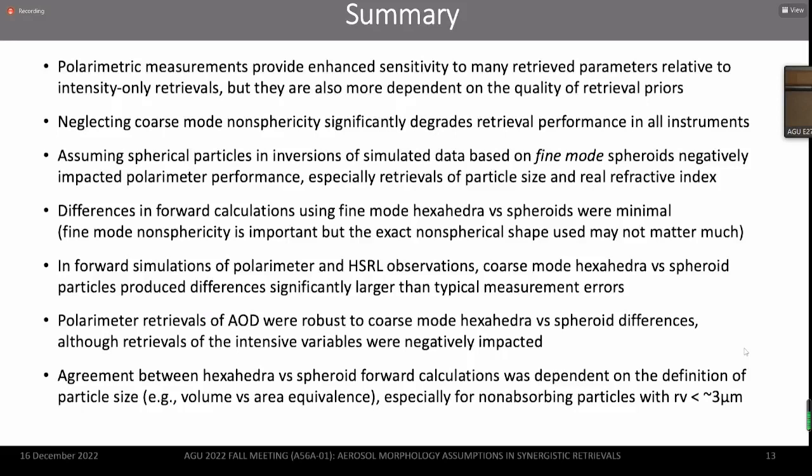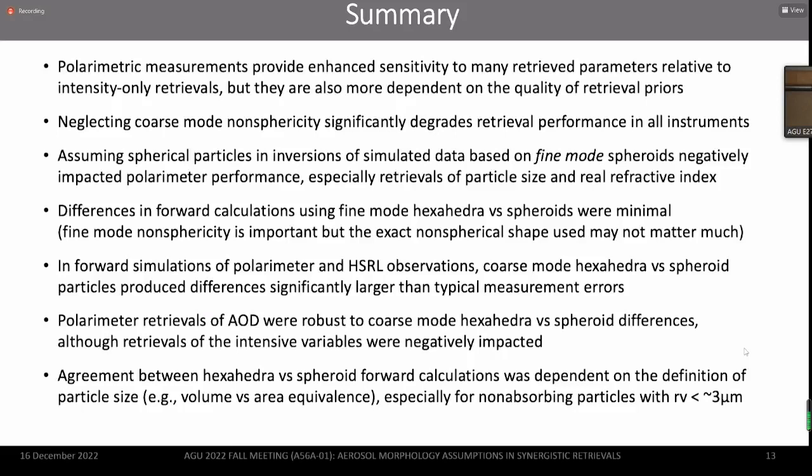We really don't know whether the hexahedra, the spheroid, or some other shape is going to be what ultimately does the best job of reproducing polarimeter and polarimeter-LiDAR measurements. But the key takeaway here is that it does matter. The hexahedrons and the spheroids are two of the leading models for shape, and the differences between them are significant enough to cause pretty major retrieval errors. So we need to do more investigation and improve the models. That's the main takeaway.